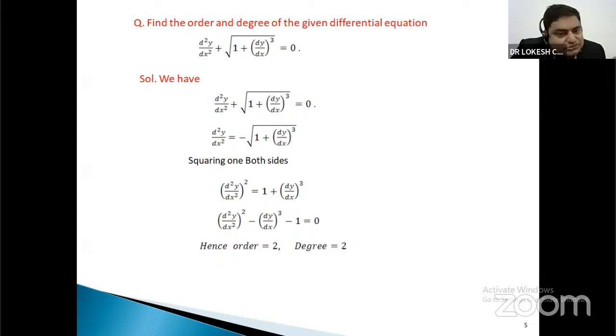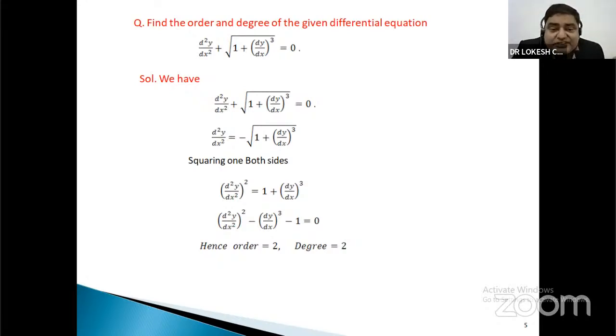So here the order is 2. But if I have to check the degree, then first of all, it is clear that the power of d2y/dx2 is 1. But the condition which is mandatory for the degree of an equation is that it must be free of radical signs.